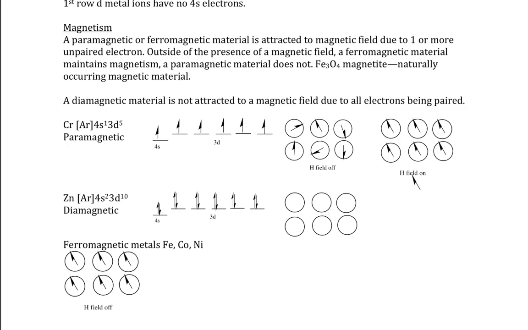So if we look at chromium, the metal, it's got the electron configuration [Ar] 4s1 3d5. If we look at its electrons in the s and 3d atomic orbitals, we see that they are all unpaired.